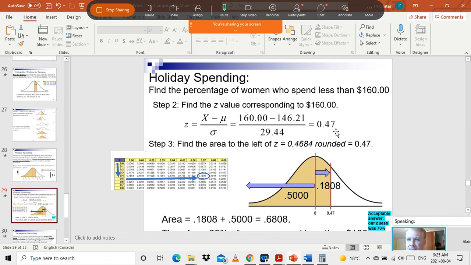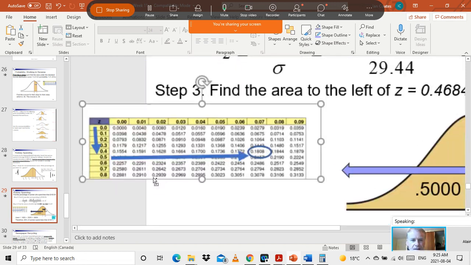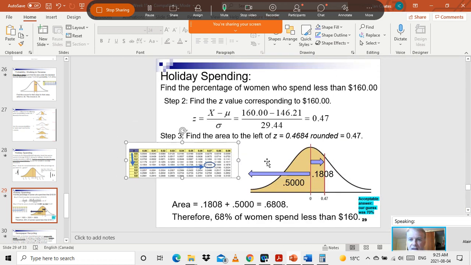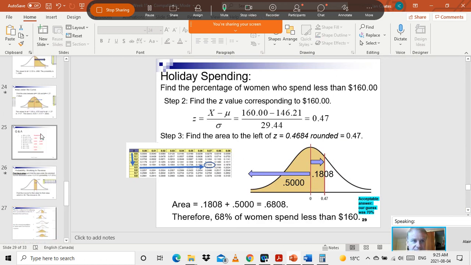0.47. Now you go onto your chart and go to 0.4. Sorry, it looks like it's coming from 0.5, but you know how formatting on Microsoft Word works. It's horrible. So 0.47 is 0.1808, so it's 18%. And remember this slide here.